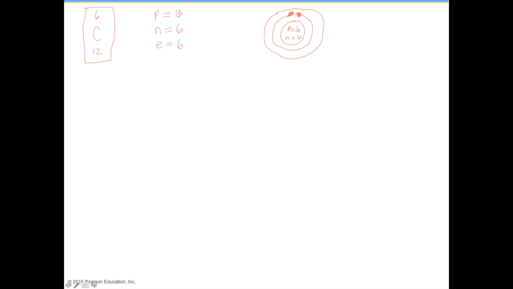We have 6 electrons total. We've already placed 2, which means we have 4 left. Valence electrons are on the outer energy level. So we said carbon has 4 valence electrons.